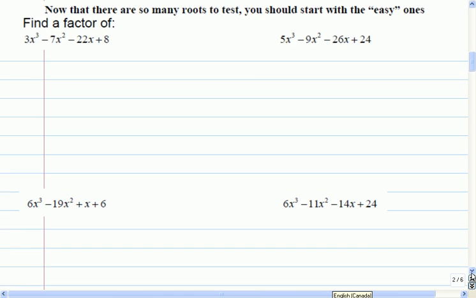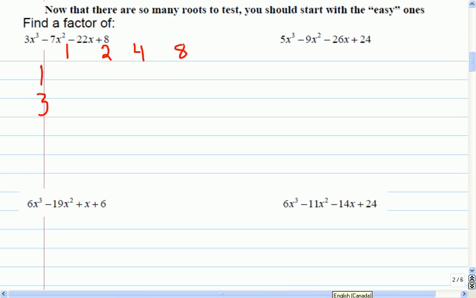Okay, so now, again, just to illustrate a point, you should try to pick the easy ones. So let's just see if we can find a single possible factor. As I said, if it helps to organize, you may want to use this table like I was doing. So there'll be 1, 2, 4, and 8.